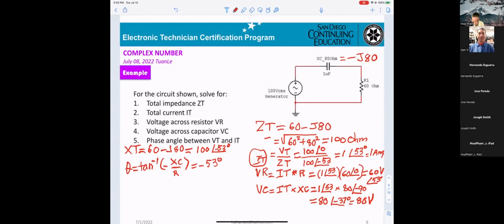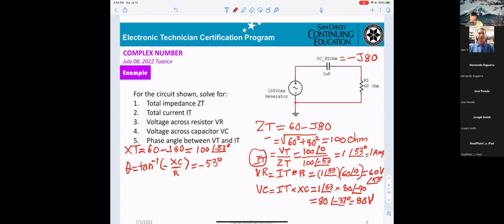Now when you look at IT, you get 1 amp and the phase is 53 degrees. So basically IT differs from VT by 53 degrees.